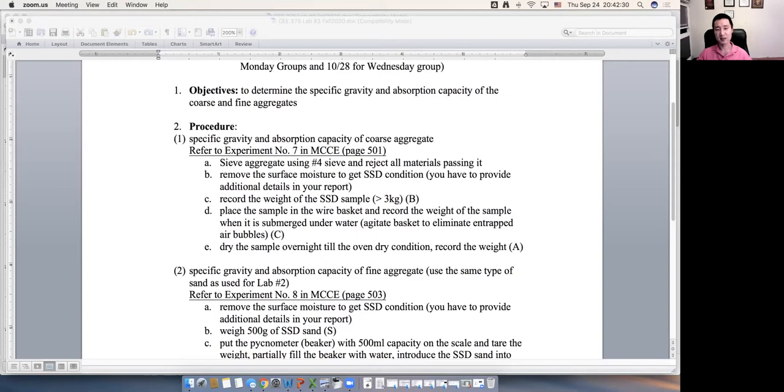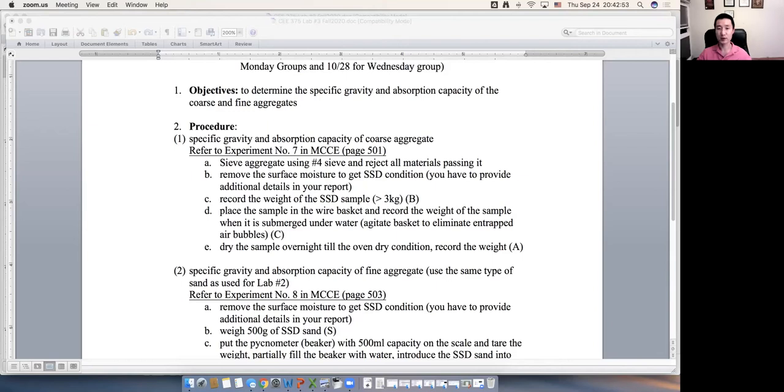Then we place the sample in a wire basket, and we measure the weight of the sample underneath the water. There are some details which we'll explain in the demo. Then we oven dry the sample overnight to get the oven dry condition.